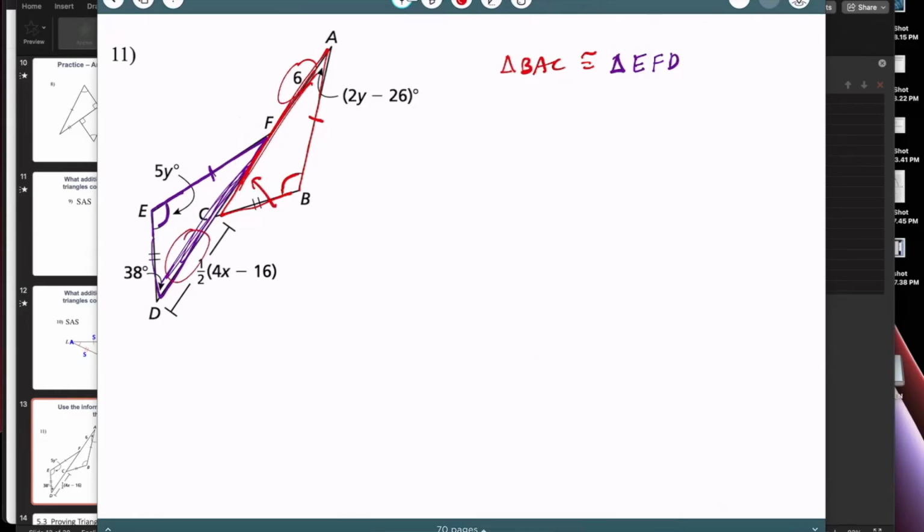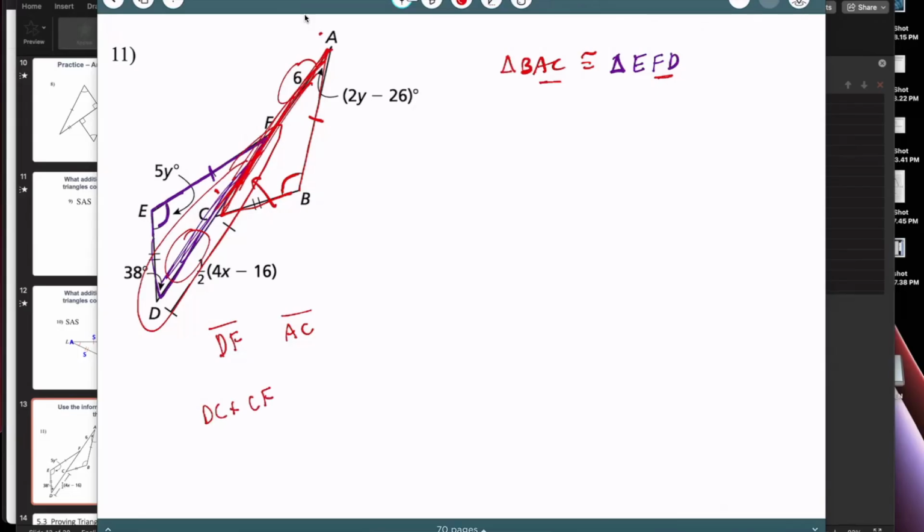I know the bottom DF, once again, DF is the second and third letter, so that'll be congruent to AC, the entire bottom. So AC is the entire bottom of this triangle. And DF, if I look at DF here, DF is here. It's made up of DC plus CF.